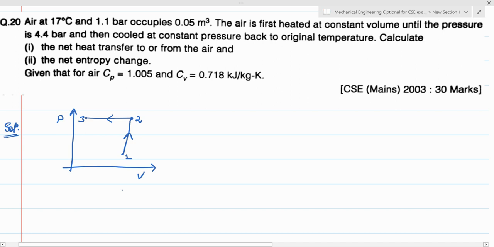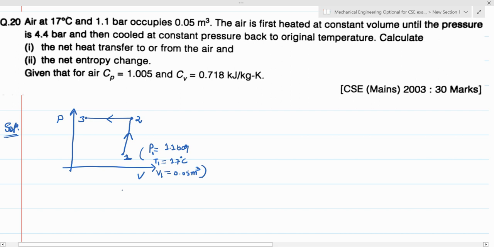At state 1 we have P1 equals 1.1 bar, T1 equals 17 degrees Celsius and V1 equals 0.05 meter cube. From these values we can calculate the mass.